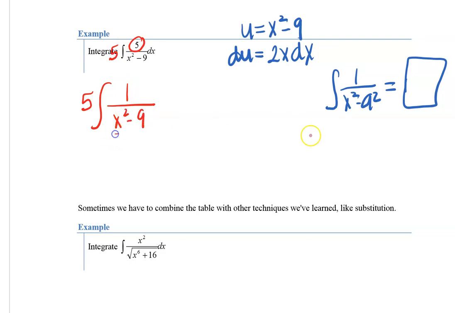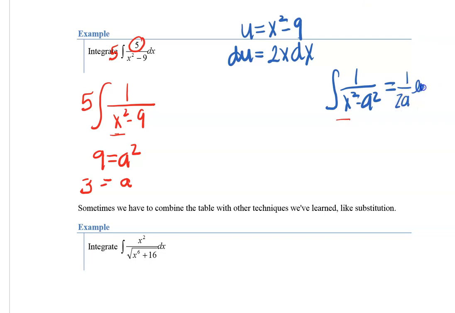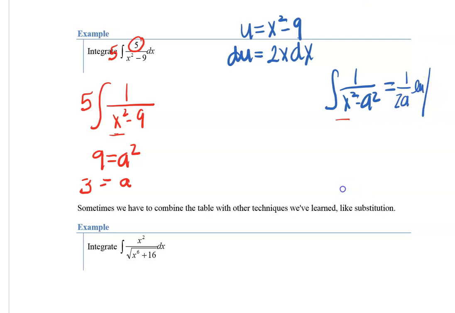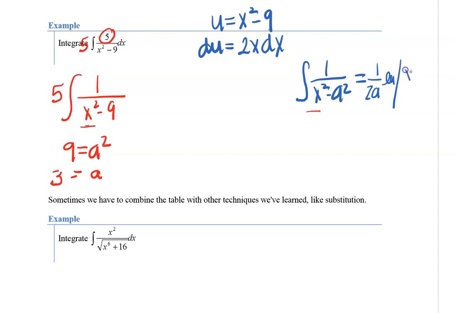So you can see I now have a 1 on top, I have my x squared here, and then 9 is going to be equal to my a squared, so a would just be 3. From our table, it said that this would be equal to 1 over 2a ln of x minus a over x plus a plus c.